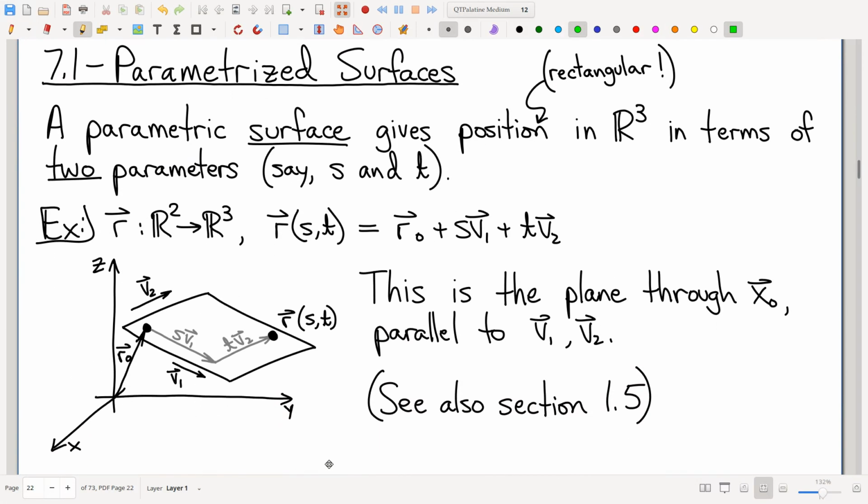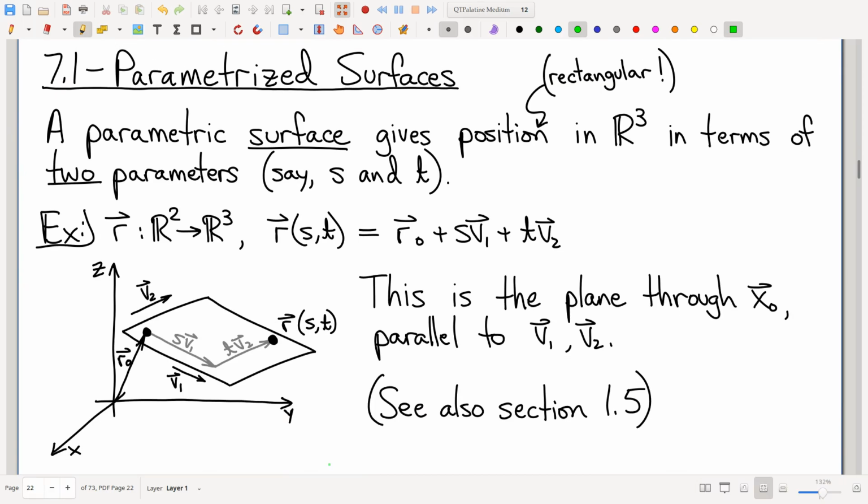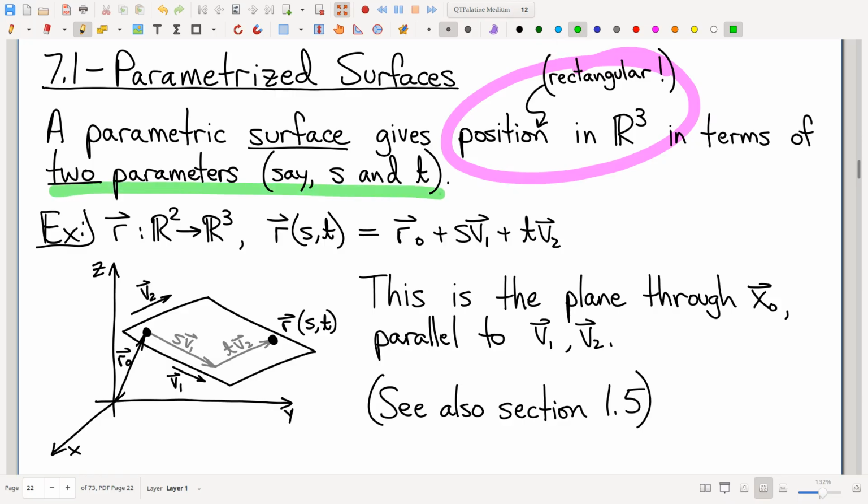Okay, good news. We've already done one of these. I didn't use the term back then, but all a parametric surface is position, rectangular coordinates position, as a function of two parameters. A parametric curve is where you have position as a function of one parameter, and it literally traces out a curve.